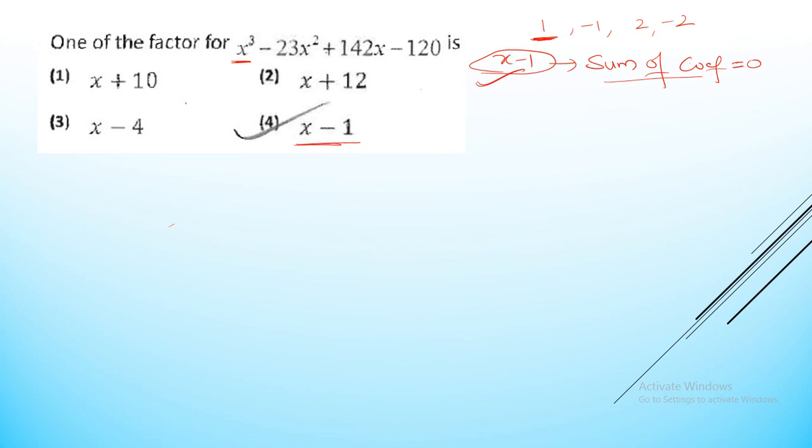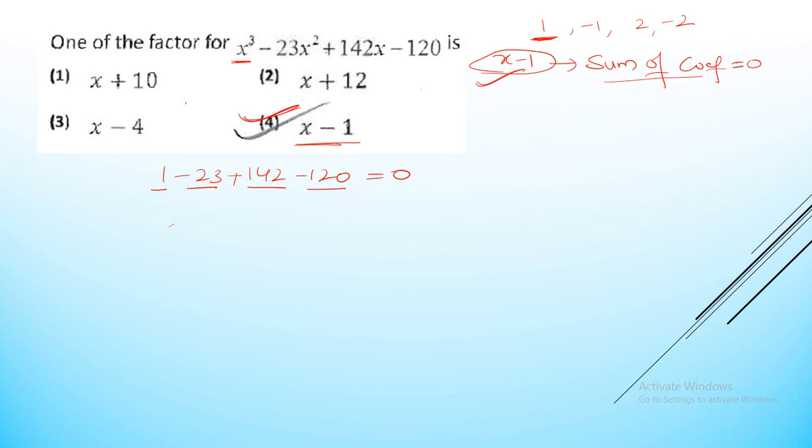So 1 minus 23 plus 142 minus 120 gives me 0, because 1 plus 142 is 143, minus 23 minus 120 is minus 143. So the sum of coefficients is 0, and clearly x minus 1 is a factor.